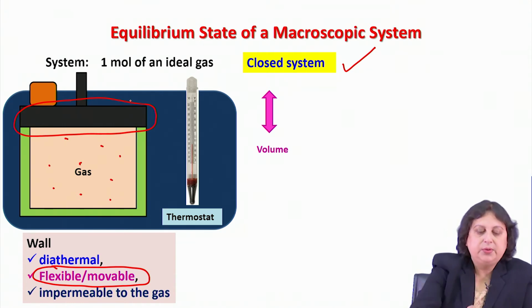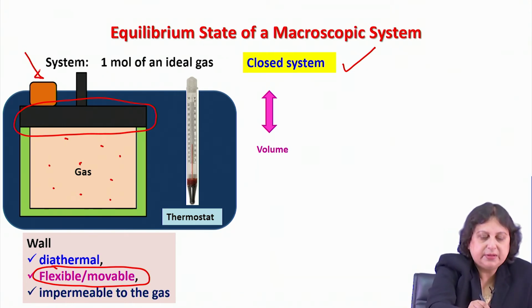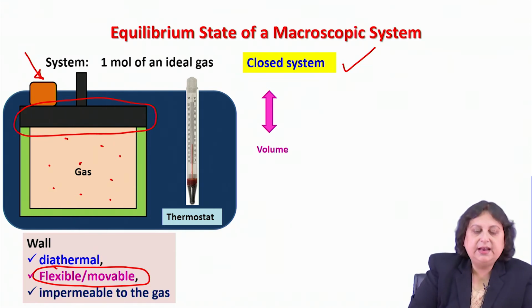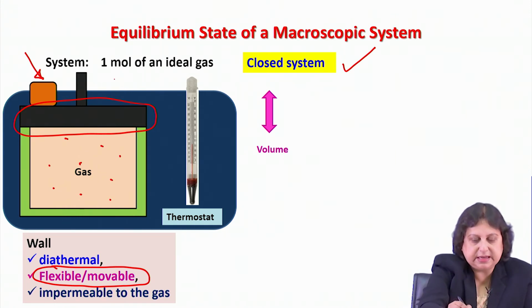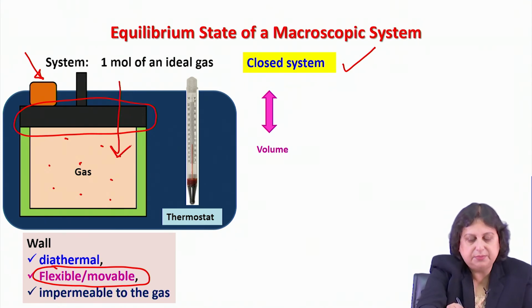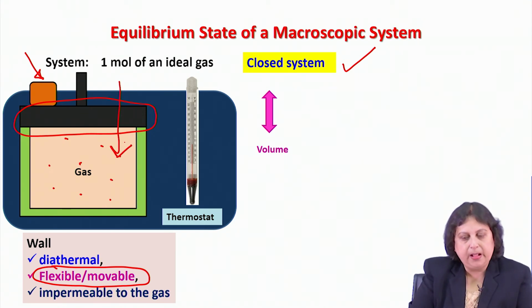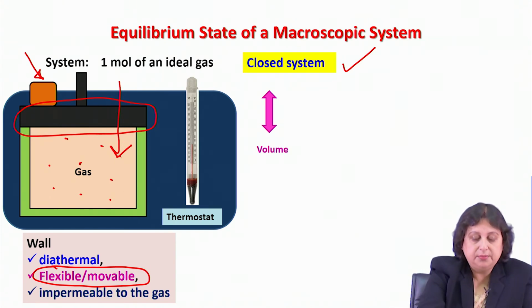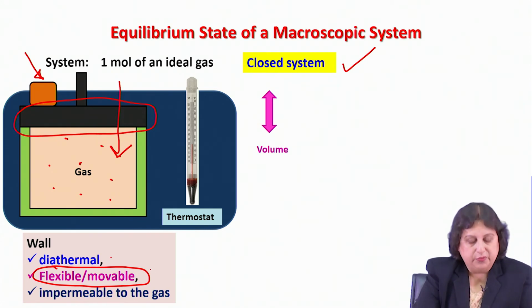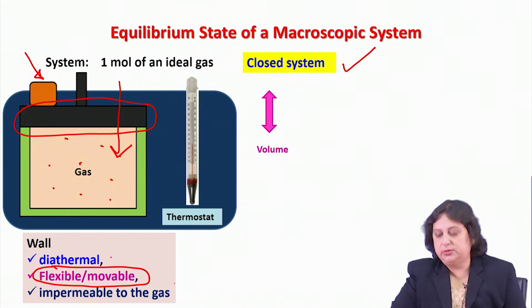And then I will put on the top of the piston some kind of a weight and attach to it a barometer so that I can directly measure the pressure that is being exerted on the gas by this wall. In such a condition, the wall surrounding my gas is diathermal, flexible or movable at least in one direction, and it is impermeable to the gas.